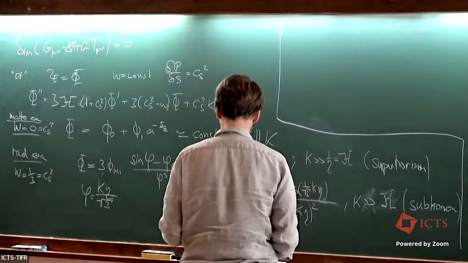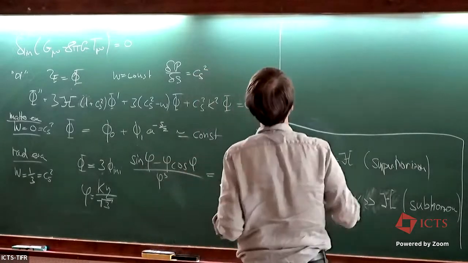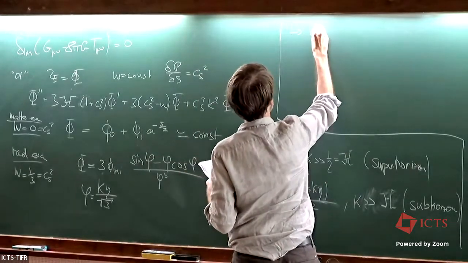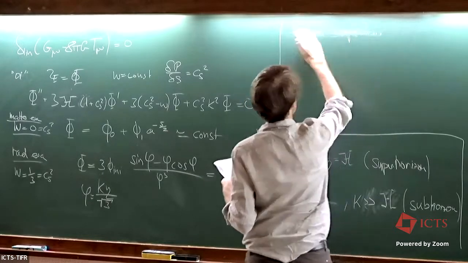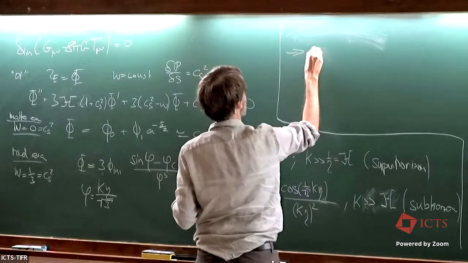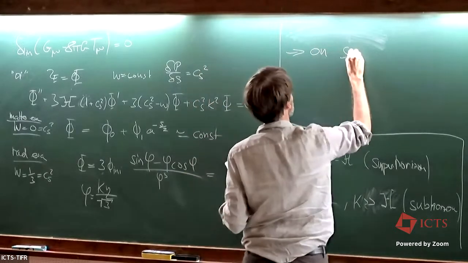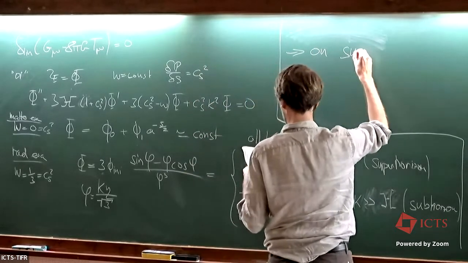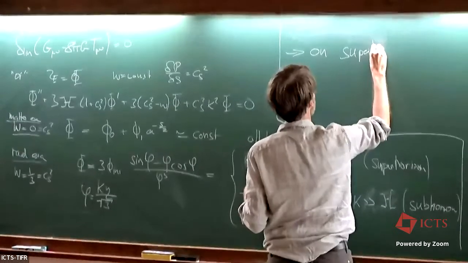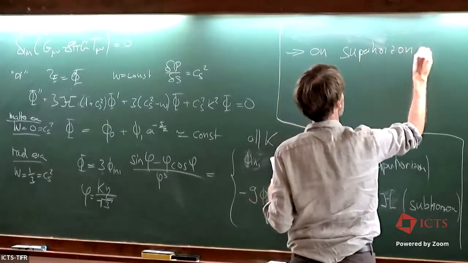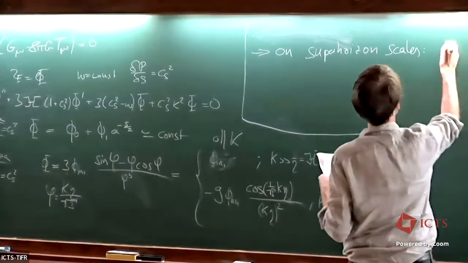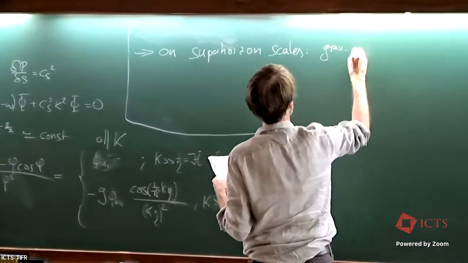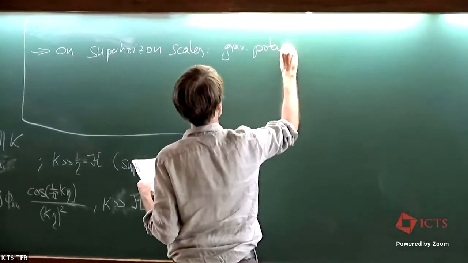Okay. On super horizon scales, the gravitational potential is frozen.